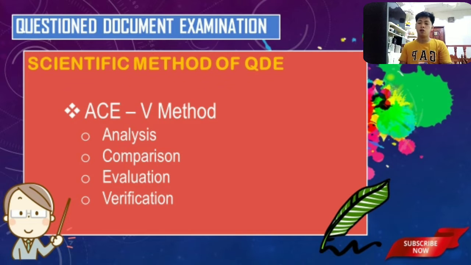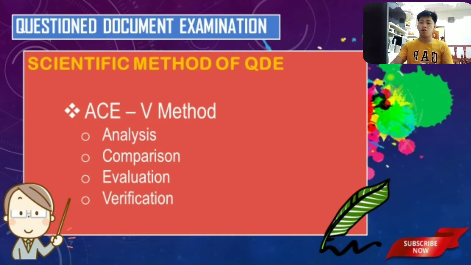Why? Because of course we have already convinced the scientific community that the process of question document examination is indeed scientific. So with that, let us present to you the scientific method of question document examination. This is simplified, but we have the so-called ACE-V method. Now, what is the ACE-V method?